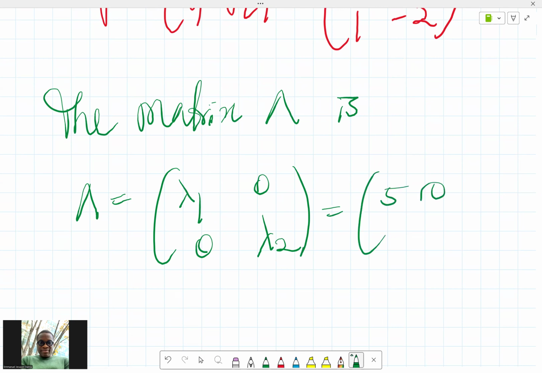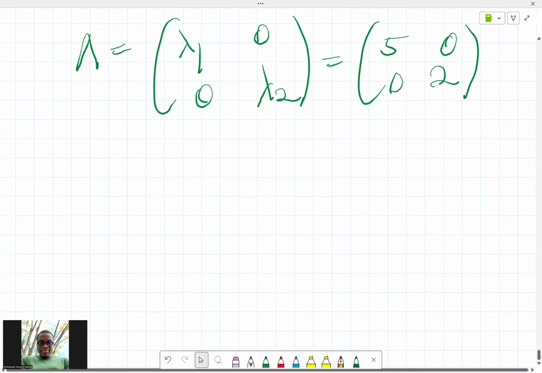So this is [5 0; 0 2]. That's really important to note. The first step, if you want to use the matrix exponential, is that the eigenvalues and eigenvectors are really important.